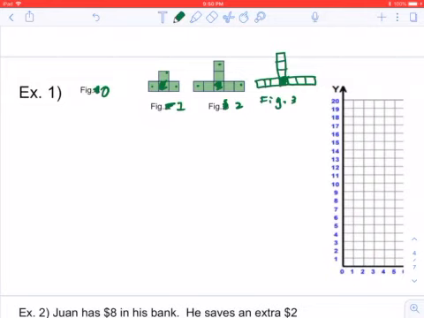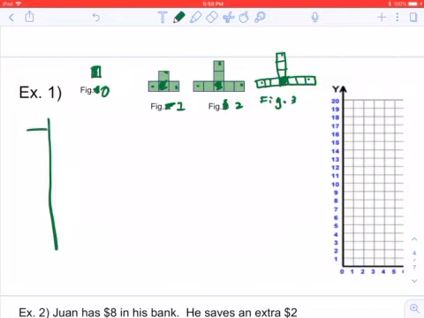Okay, good enough there. And then if we're working backward, then each time we're taking off, so we've got 1, 2, 3 that come off to give us figure 2, 1, 2, 3 that come off to give us figure 1, 1, 2, 3 that come off to give us figure 0, which would just be that center block.